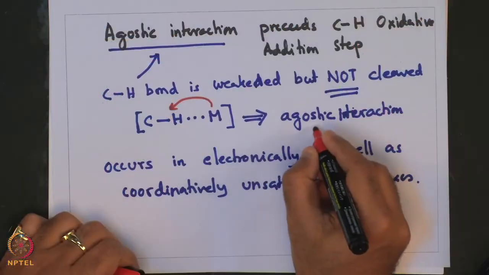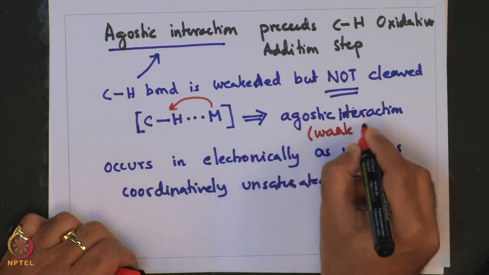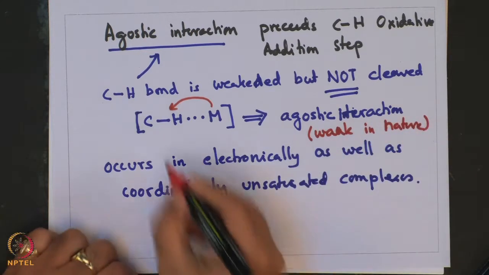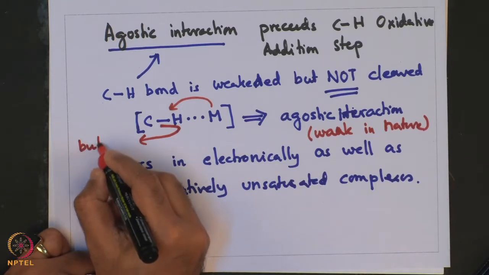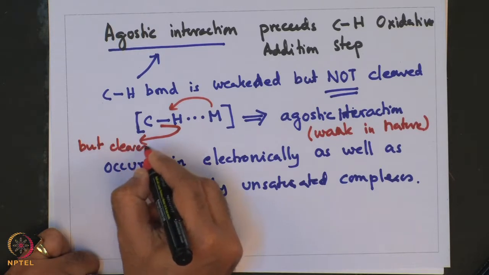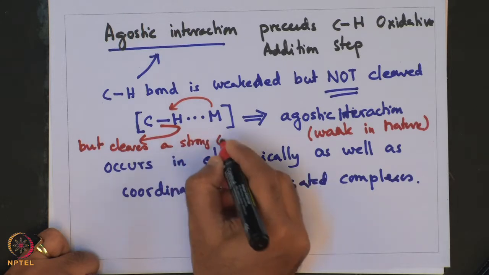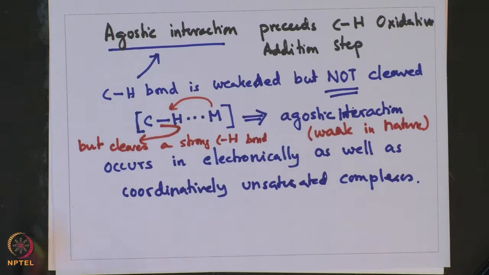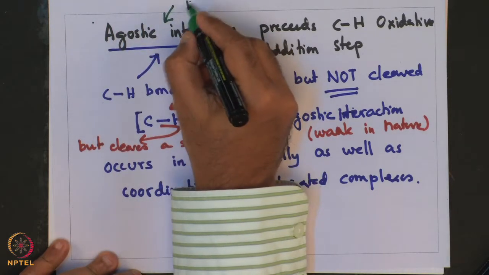Agostic interaction may be weak in nature, but it cleaves a strong CH bond, and that makes this agostic interaction very important.